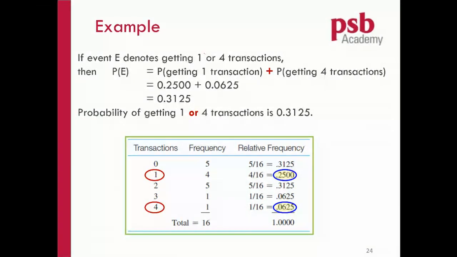The or in probability, you must add. You just need to add the 2 together, and that will be the probability of 1 or 4 transactions. Okay, so that is one of the rules. Whenever you see or, please add.